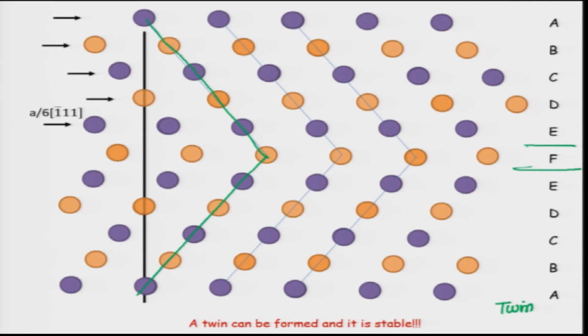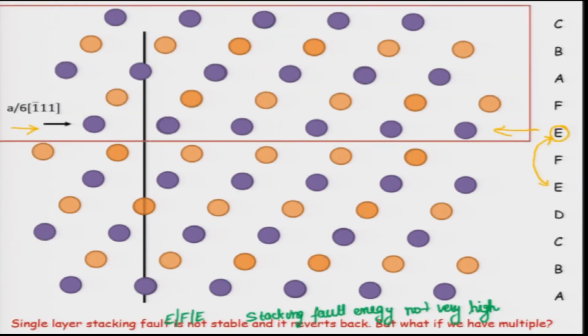So, a twin can be formed and it is stable. Now, one thing that I missed telling you earlier is that if you go back and look at just one layer which is formed over here, although the stacking fault energy is not very high, it has been found that it is not stable, meaning whatever small energy is raised because of the stacking, that much energy is also enough to cause it to be unstable, leading to reversion of this stacking fault.